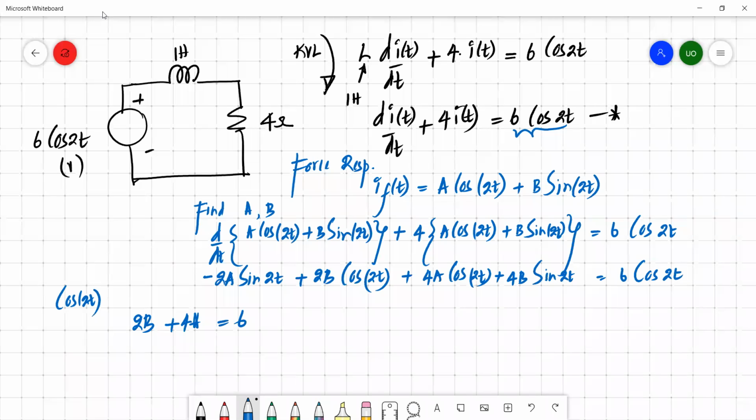Then if you equate the sine 2t, we have minus 2a plus 4b equals 0. So then you will end up with these two linear equations to solve for a and b.